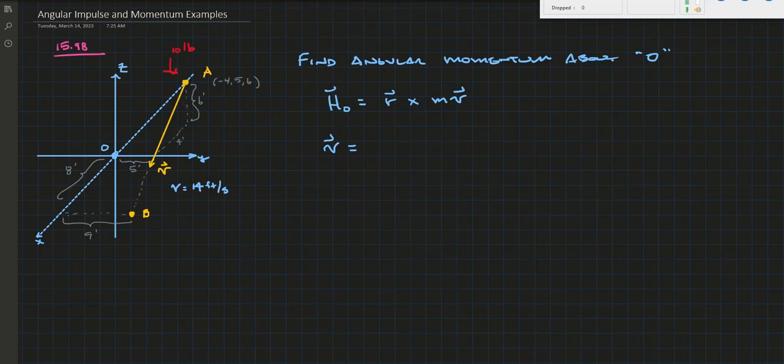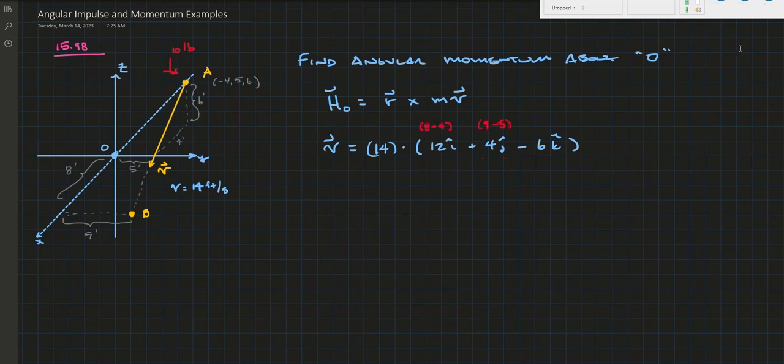To find the vector in this direction, we take the magnitude of 14 and multiply it by a unit vector in that direction, which we can obtain by looking at a position vector in that direction, which is 12i plus 4j minus 6k. 12 because that's essentially 8 plus 4, the distance from there to there, and 4 because we have 9 minus 5, and 6, we're just going down 6 in the z direction.